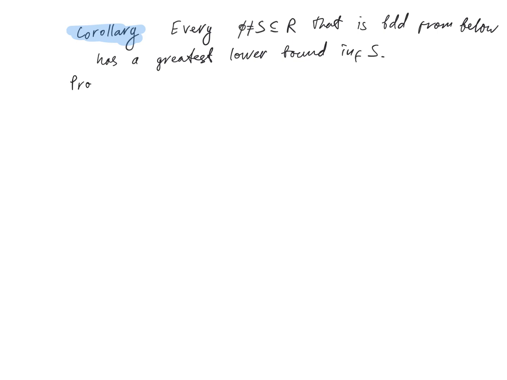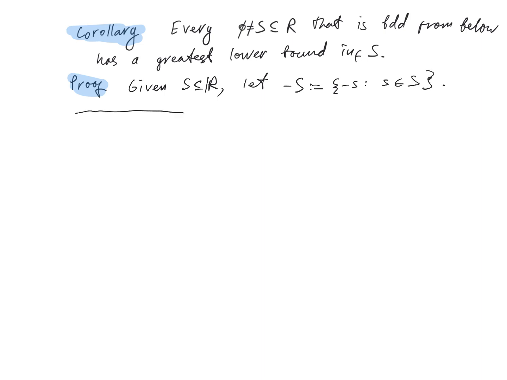Proof. Given a set of real numbers S, we define the set minus S to consist of all real numbers of the form minus s, where little s is an element of the set capital S. If we draw it on the real line, this corresponds to the reflection around 0.